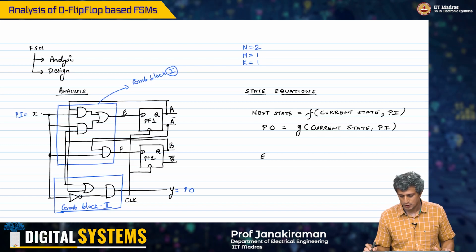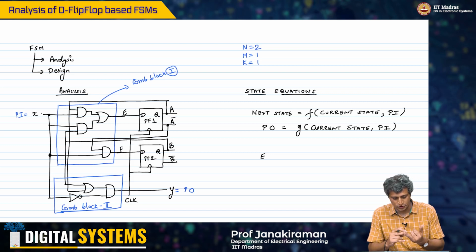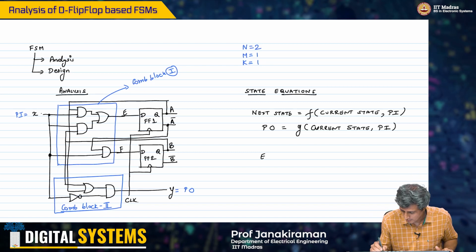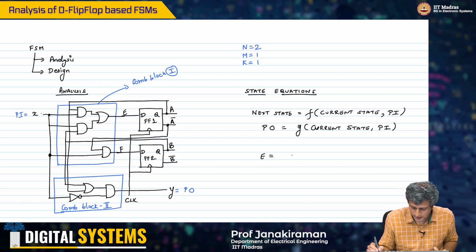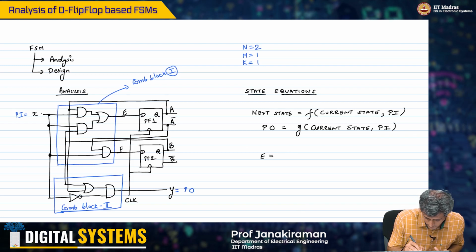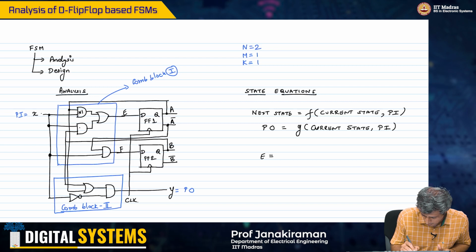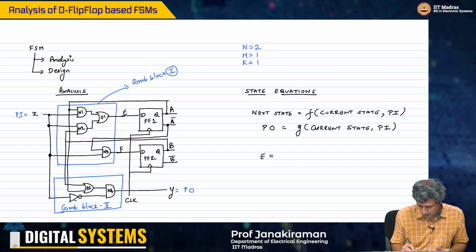Now if you look at combinational block 1, it takes A and B as inputs and X also as an input, and provides an output for E and F. So let me just number the gates: N1, N2, O1, N3, O2, N4 and inverter I1.